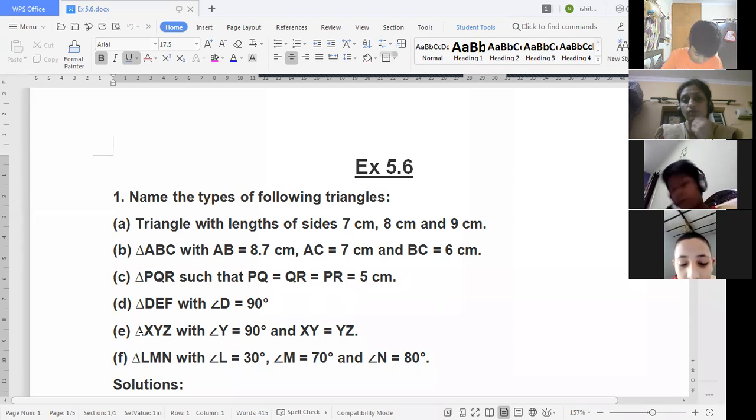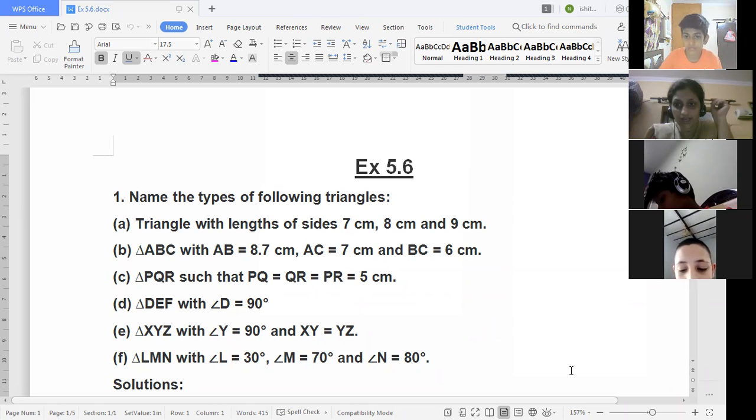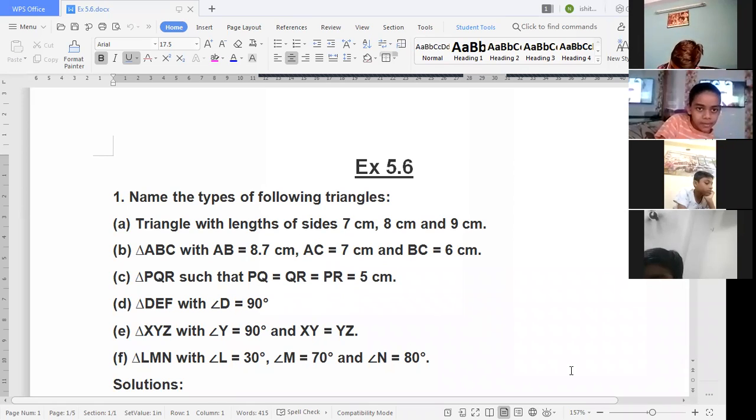See, beta, this is the sign of angle, the symbol of angle. Angle Y is 90 degree and XY is equal to YZ. So in triangle XYZ, one angle is 90 degree and two sides are equal. Then which type of triangle is it?